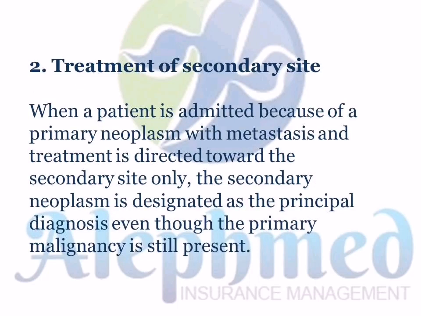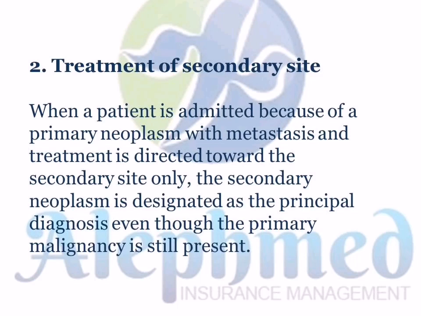Point number 2, treatment of secondary site. That is, if the patient already had ovarian cancer, it was treated, and then the metastasis happened and it is directed to a secondary site. Maybe it spread to the uterus also.